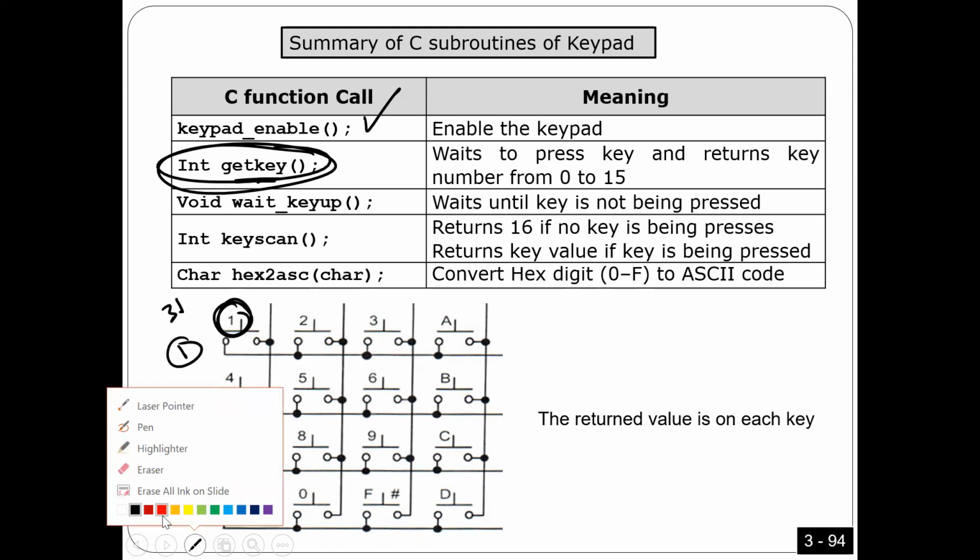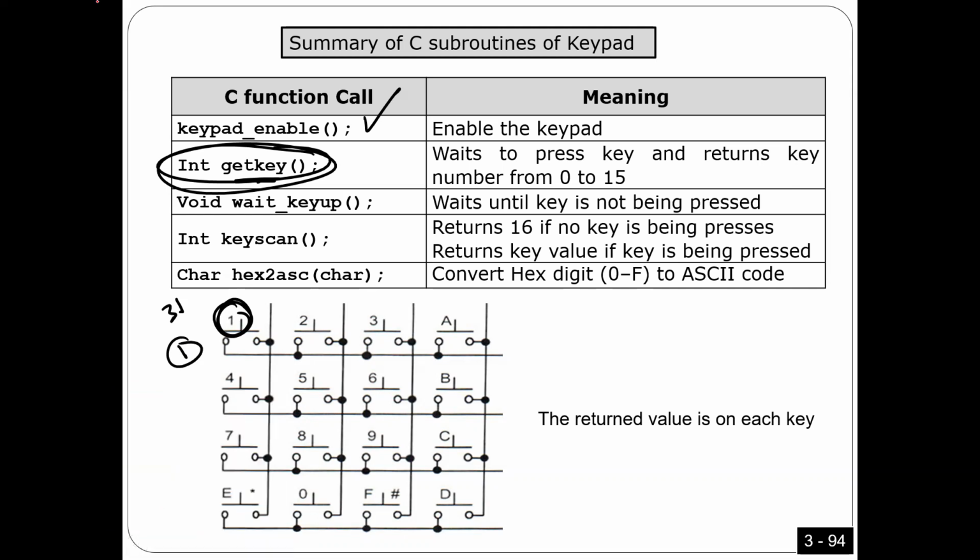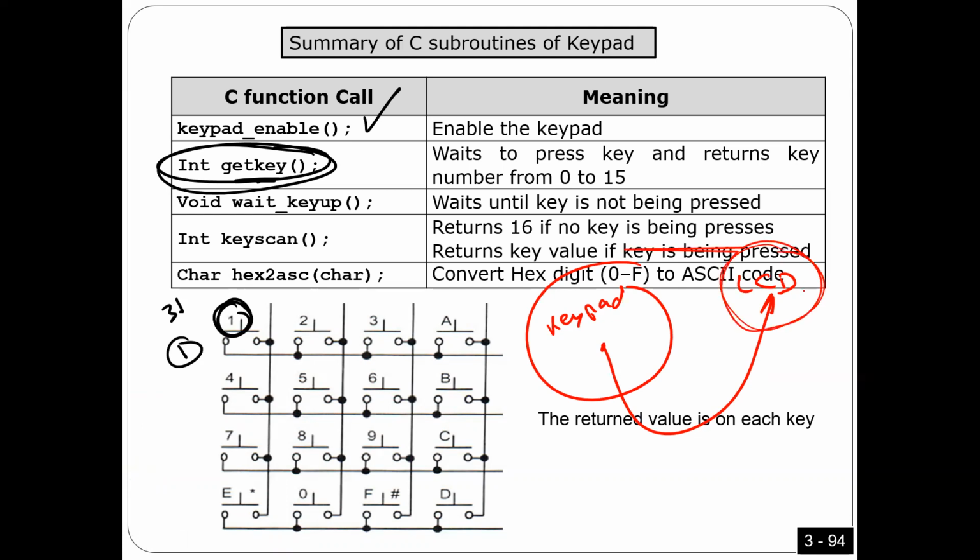Why is this important? Because look here, guys. If you have the keypad and you have the LCD, I want to get one character from the keypad and display it on the LCD. As I'm going to explain shortly, after I finish the keypad, I'm going to explain the LCD. In case of LCD, anything you want to display on the LCD has to be ASCII.